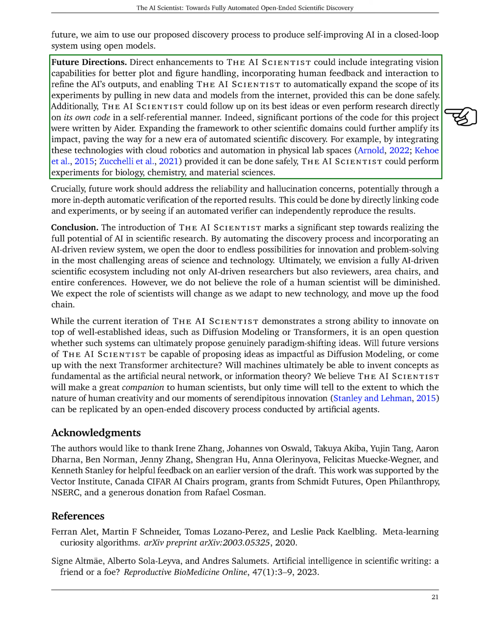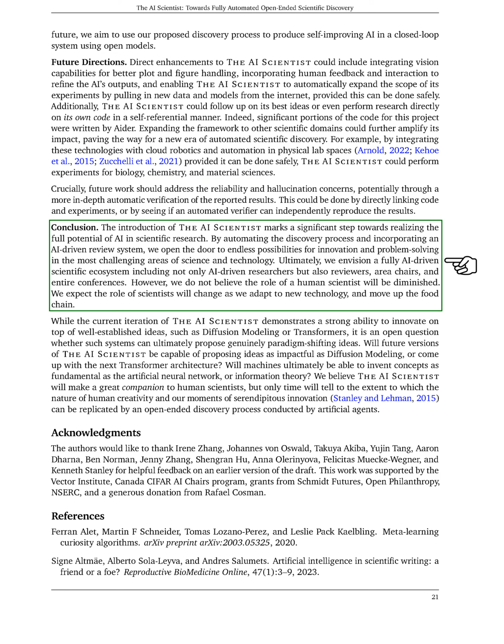Expanding the framework to other scientific fields could significantly increase its impact, potentially enabling experiments in biology, chemistry, and materials science through cloud robotics and automation, as long as it is done safely. Future work should also focus on addressing reliability and verification issues, possibly by linking code and experiments or using automated verifiers to reproduce results.